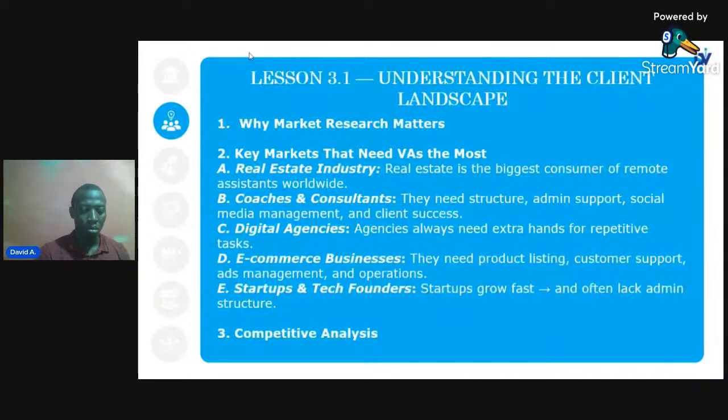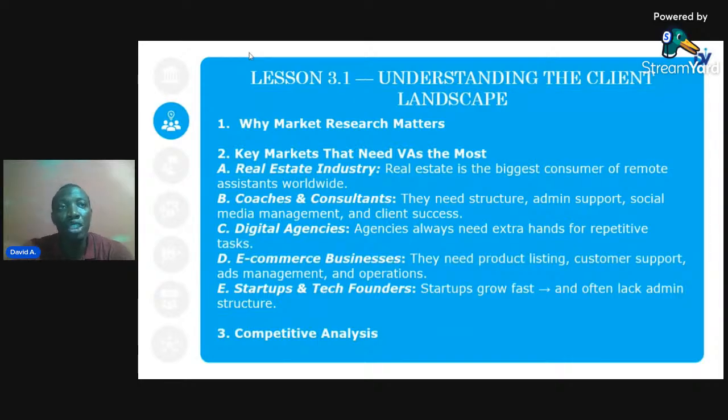Okay, so number 5 are startups and tech founders. Now, startups grow fast, and most of the time they lack admin structure. They also need operational management, they need social media support. So if you go to platforms like Discord, github.io, you go on Slack, and you come out on Twitter, you come across new startups.